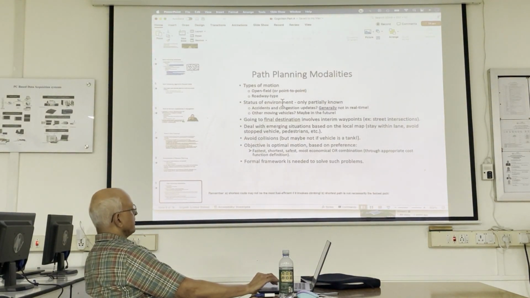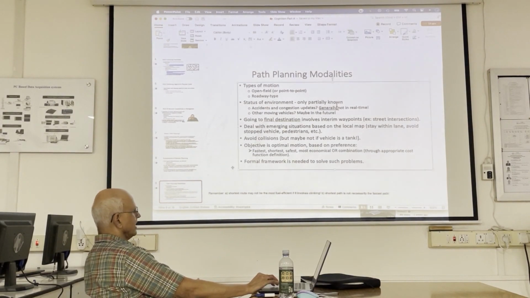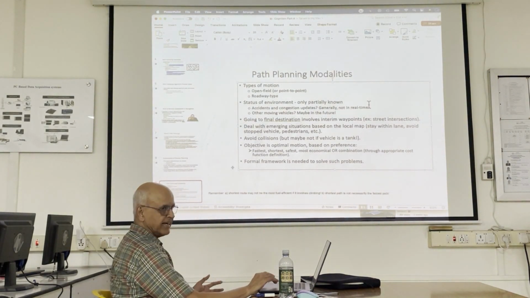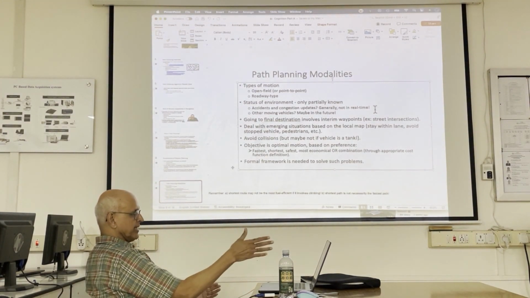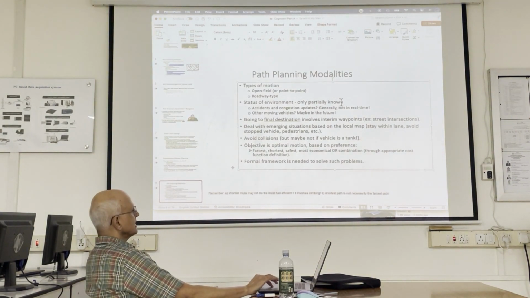Now the status of the environment is only partially known because accidents and congestion updates, depending upon when they occurred, may not have resulted in a map update. And generally, it's not in real time. Even today, it's not in real time. They're getting better at it, but if the accident happened just minutes before you reach the spot, then typically you're going to be stuck there. There's no alternative because they couldn't anticipate it.